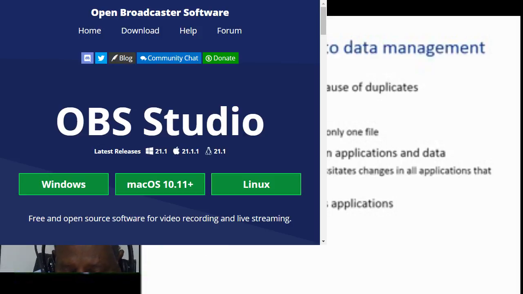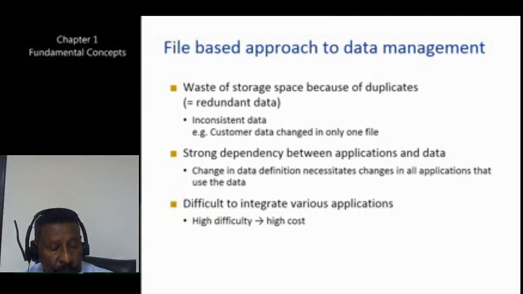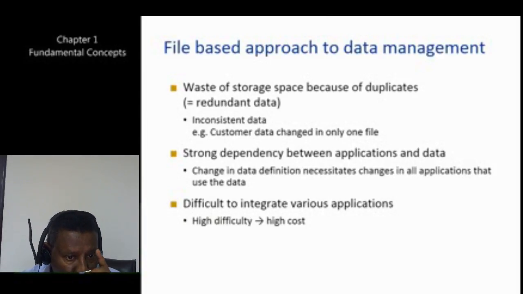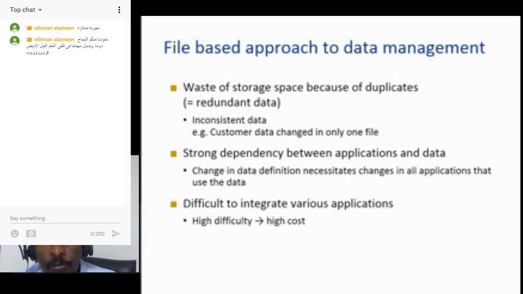really very user-friendly. The file-based approach contains a lot of storage waste, lots of wasted storage space because of duplicate, redundant data. So you have customer number, customer name, remember the previous example, which is being stored in different places.